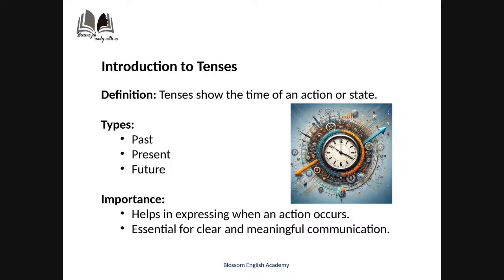Why do we need tenses? So that we are able to express clearly when the action occurred, right? So, for example, if something bad is happening and has actually happened, you'll have to be clear in expressing when it actually happened.